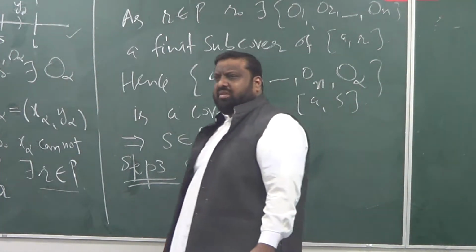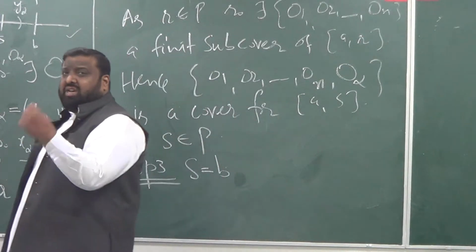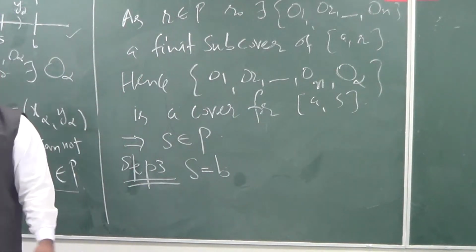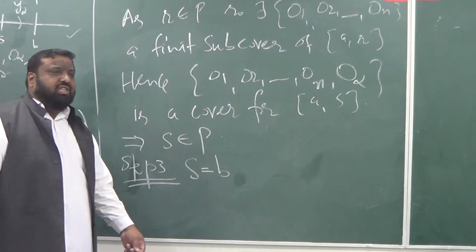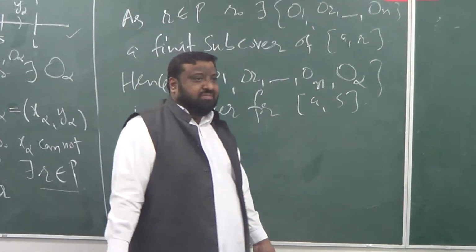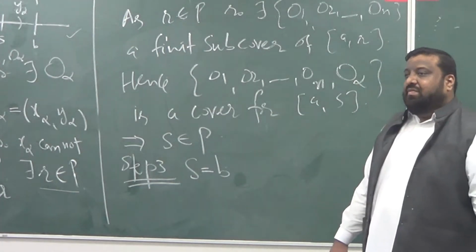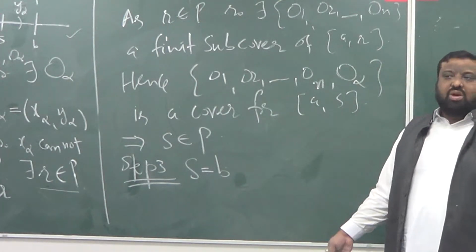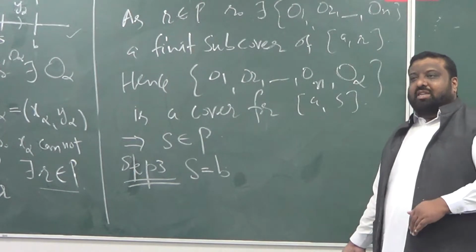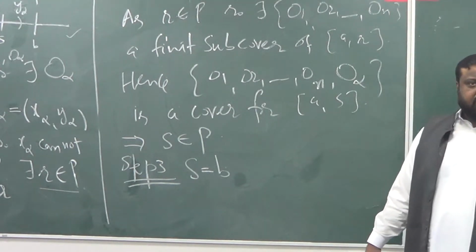Why must S be B? This is what we wanted to see. So S is a number, B is a number. What could be the potential relationships between S and B? S will be less than or equal to B. So we can have that they are equal, S is bigger than B, or S is smaller than B. Okay.